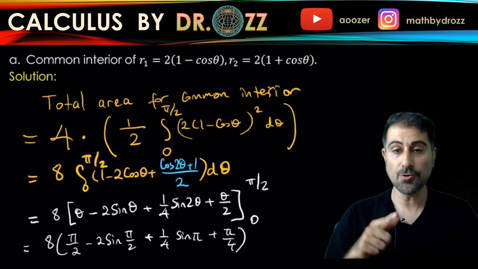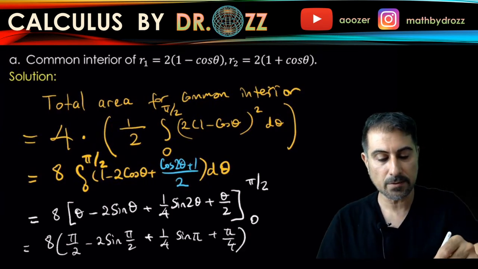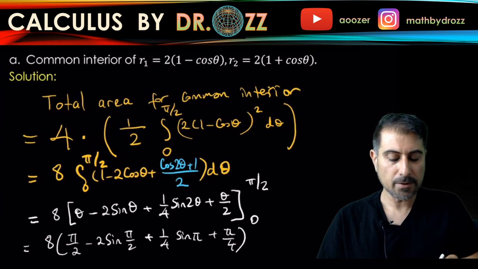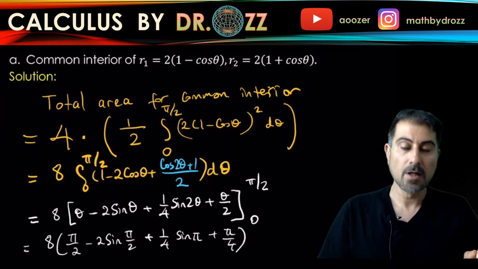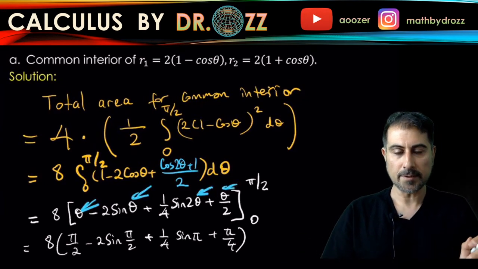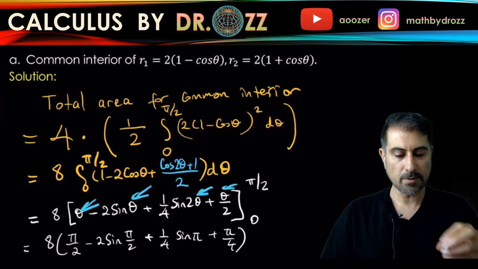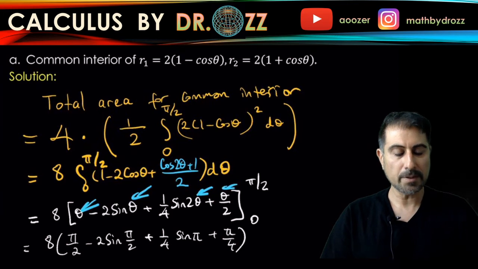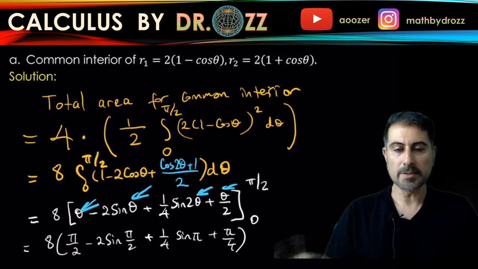You can visually verify that if you plug in 0 for theta, here, here, here, and here, you get sine 0 in certain cases and 0 in other cases. So essentially this is 0. So the lower limit is going to contribute only 0.